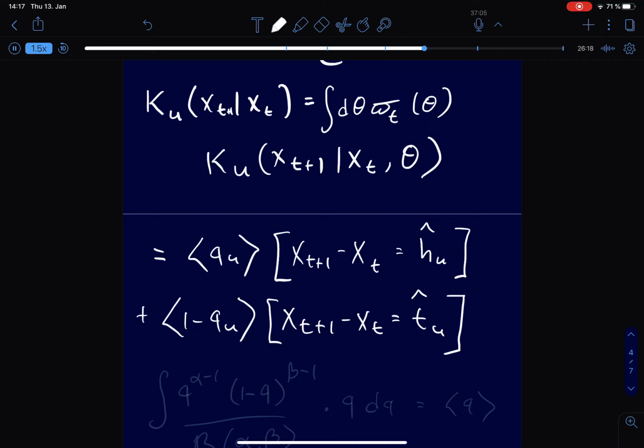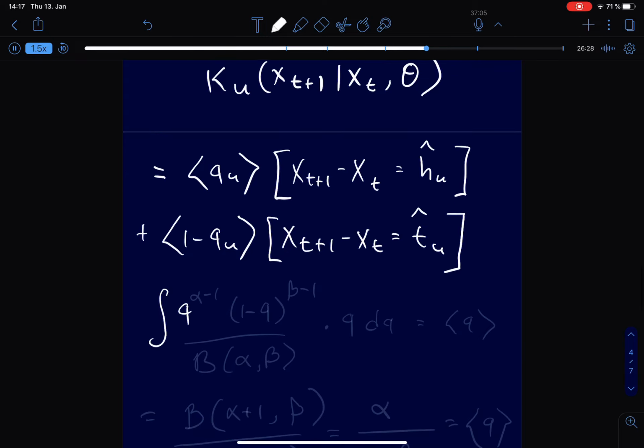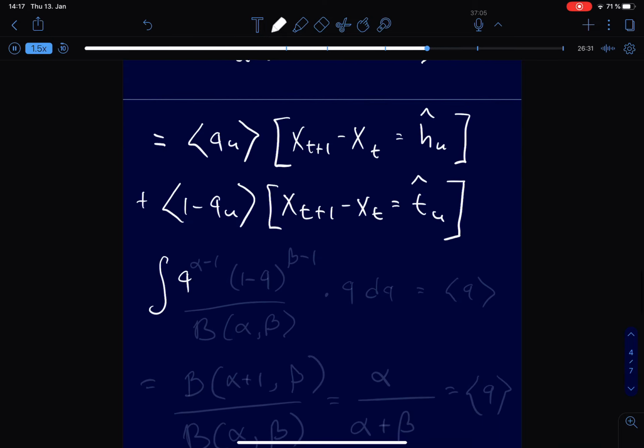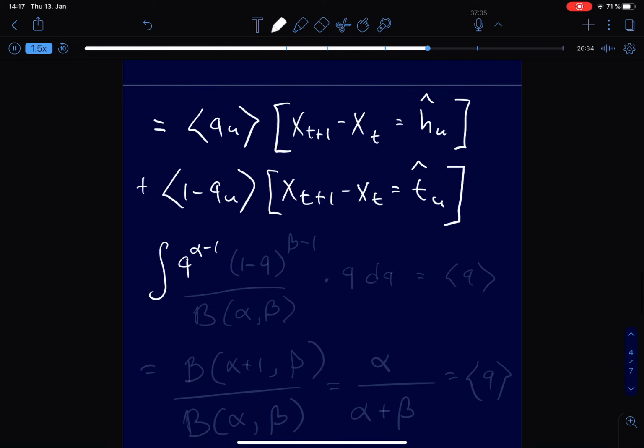So in our case, we have the beta distribution, q to the alpha minus 1, times 1 minus q to the beta minus 1, over B of alpha, beta. I'm not sure I always remember these minus 1s.